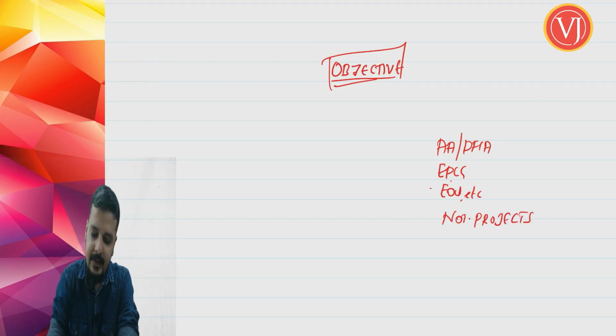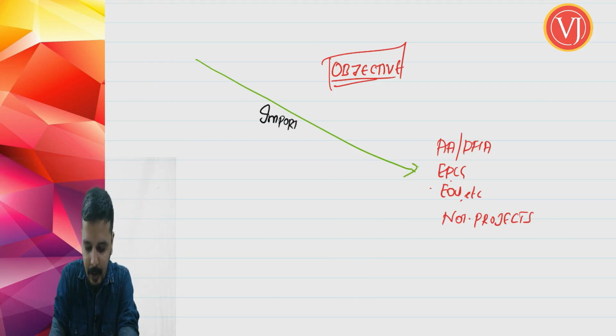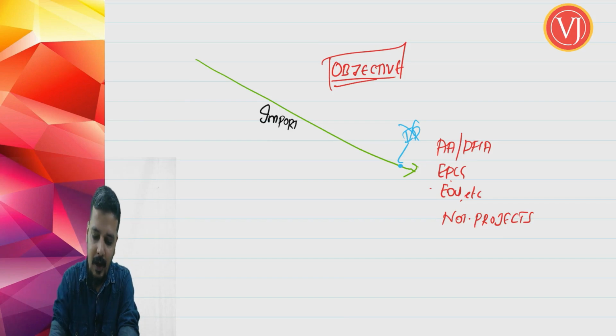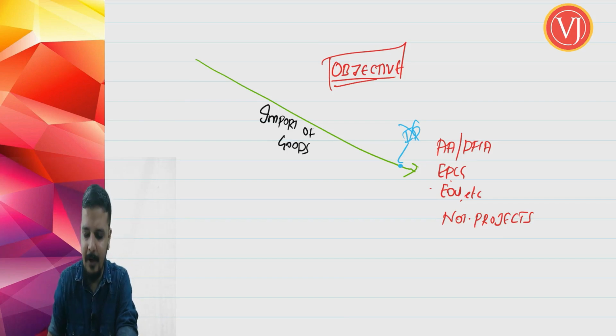Now, these people would have normally imported goods, and this would not have attracted import duty. Import of goods would have been there, but it would not have attracted import duty. I am not writing inputs or capital goods because it can be both.